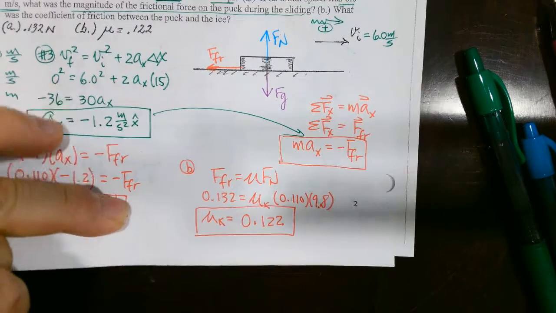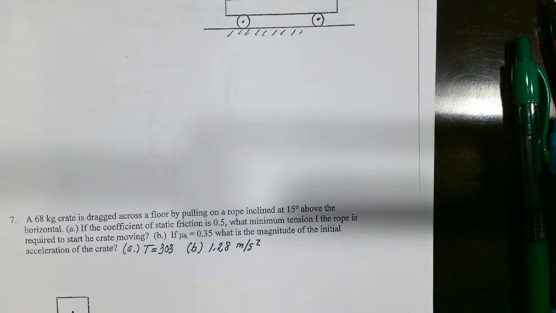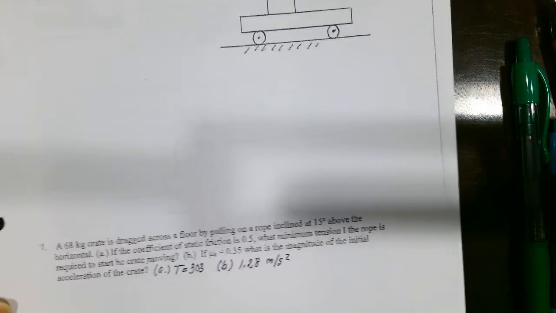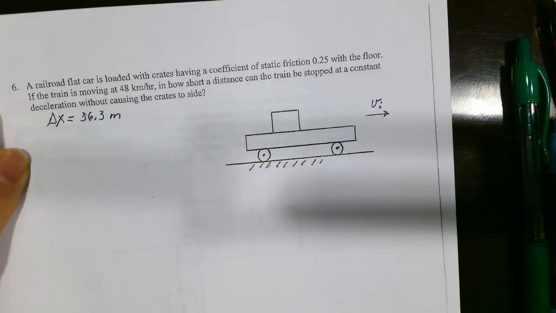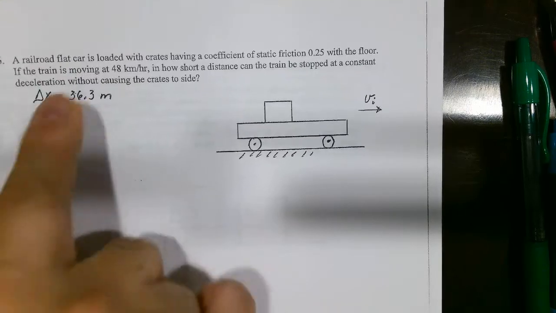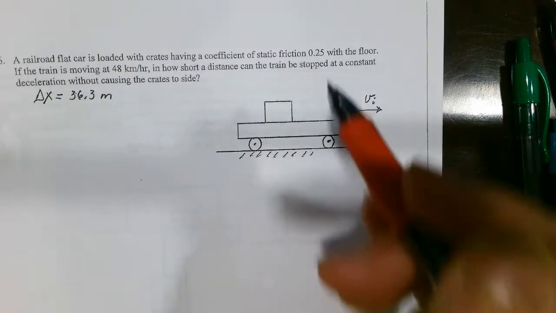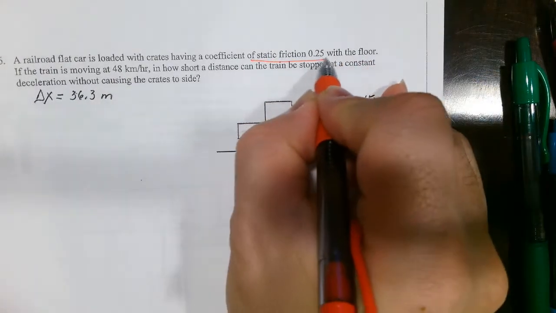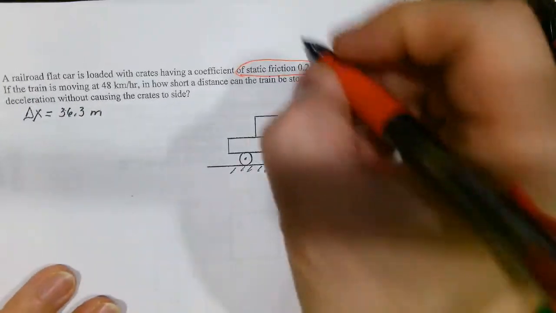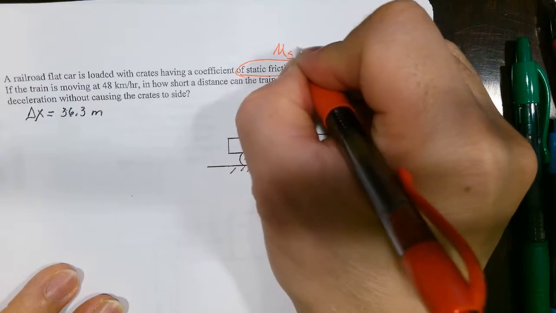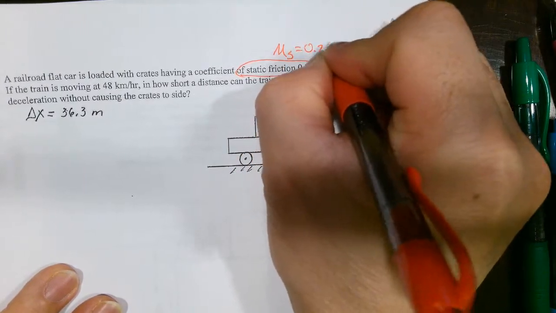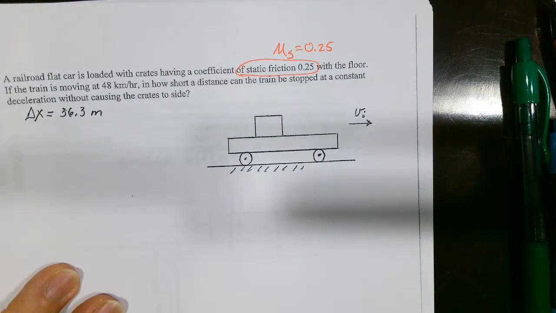Alrighty. Let's go on to 6. So here, a railroad cart is loaded with crates having a coefficient of static friction, mu sub s, of 0.25 with the floor.